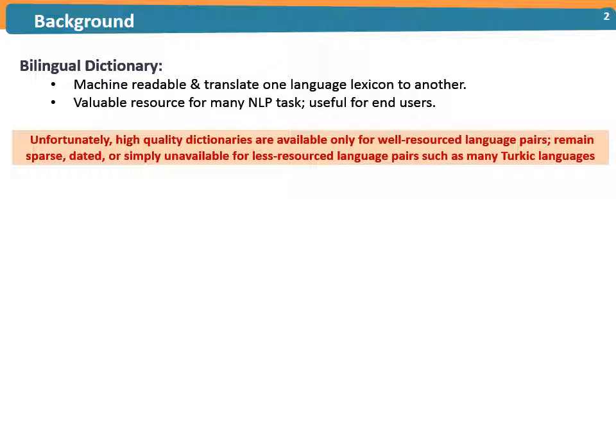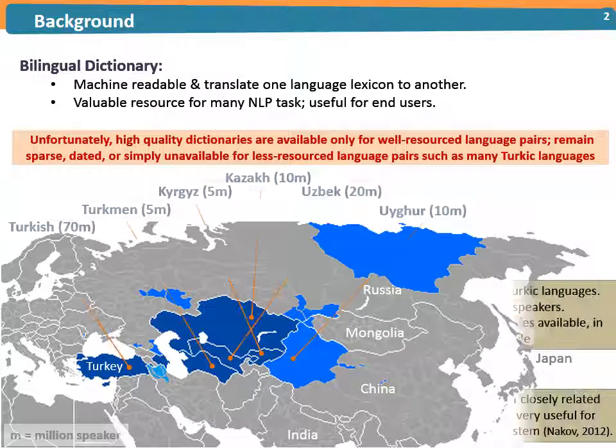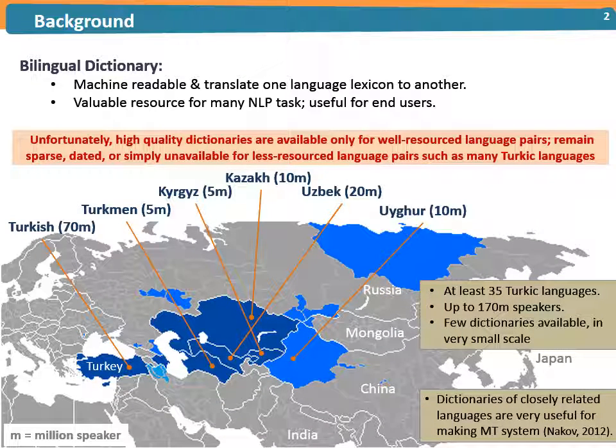Unfortunately, high-quality dictionaries are only available for popular languages, but they remain sparse, dated, or simply unavailable for less resourced languages, such as many Turkic languages. For example, there are at least 35 Turkic languages in use mainly in Central Asia, which have about 170 million speakers.